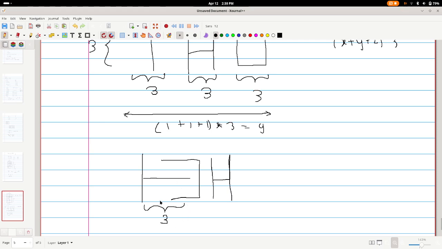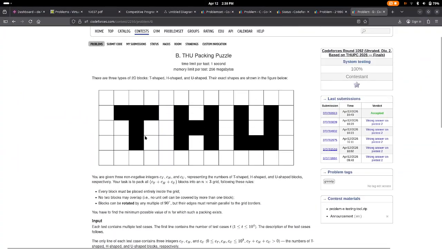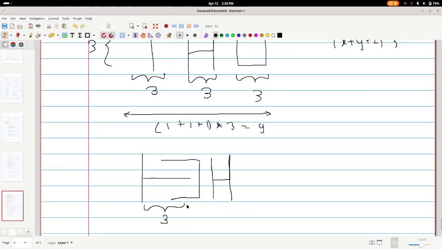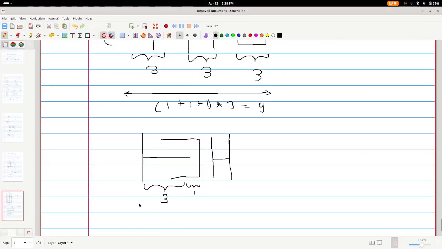This is of length 3, and as you can see, this portion of T, which is of size 3, is actually being inserted in U, which is of size 2. So actually, this is only of size 1. So the complete length of T and U combined is 4.